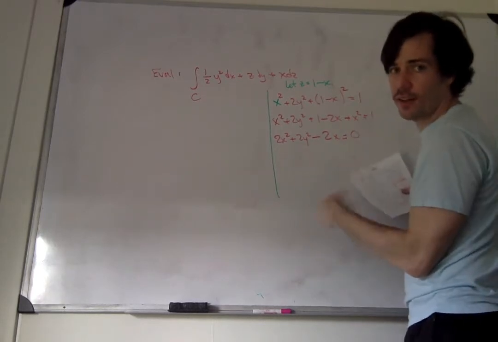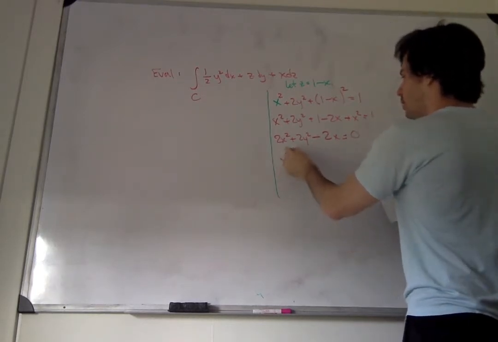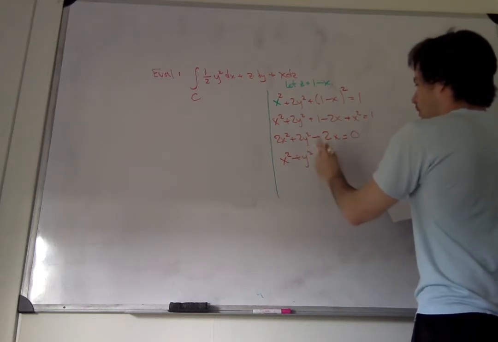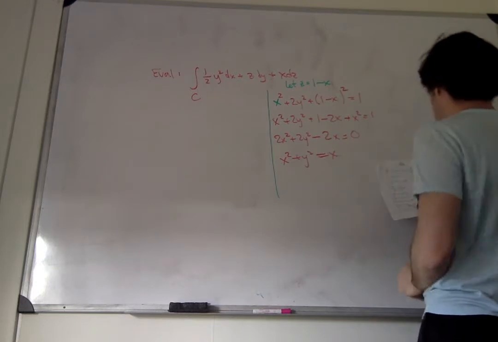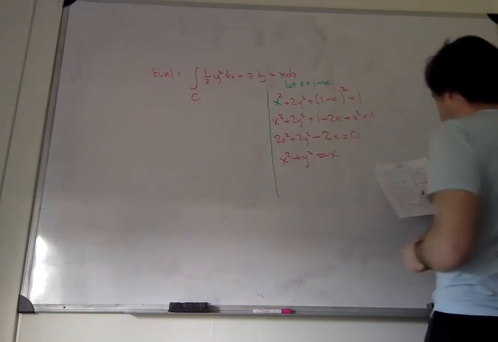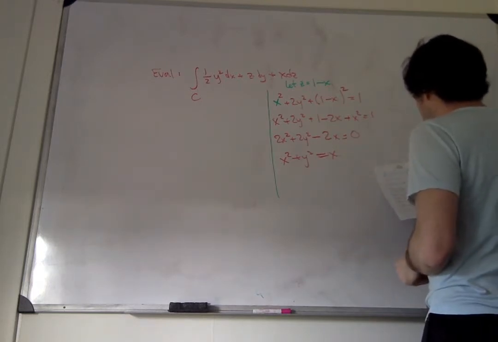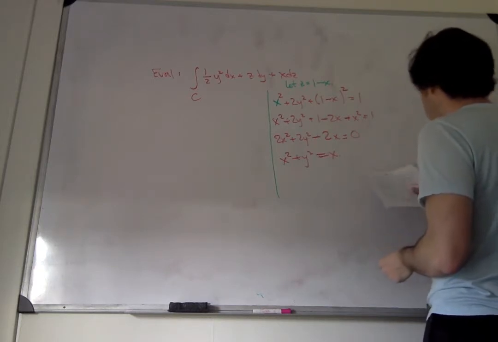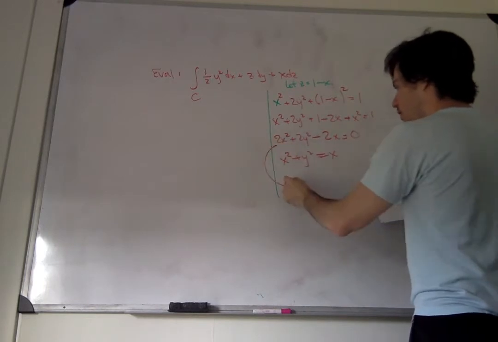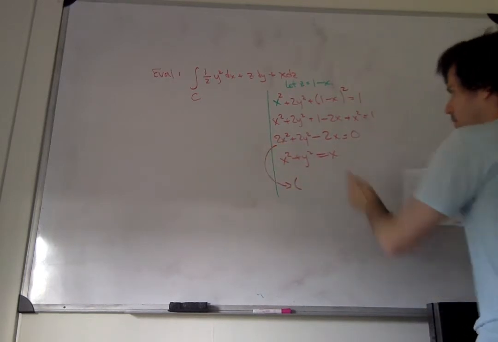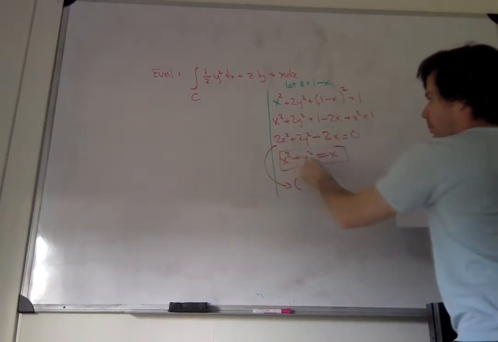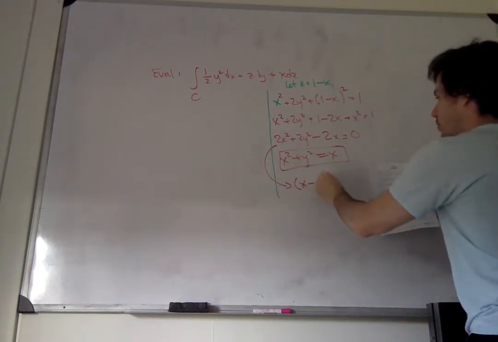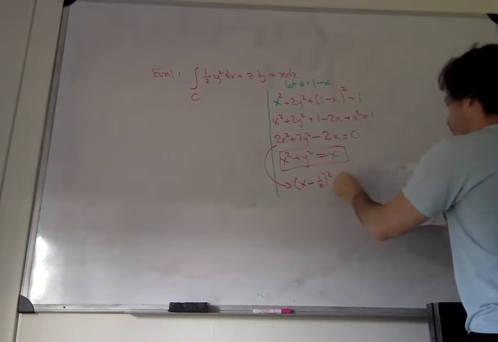And if I divide everything by 2, I get x squared plus y squared equals x, right? So that's fine and dandy. You can also easily show, okay, so we're going to want to use this, but we're also going to want to use this fact right here, that it's also equal to this equation.